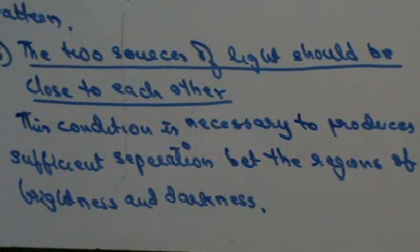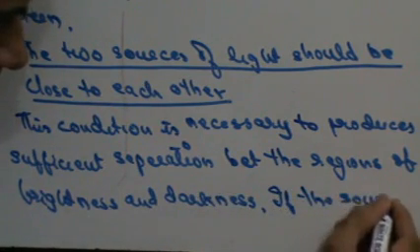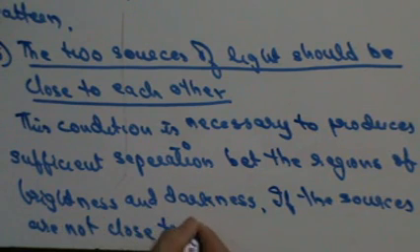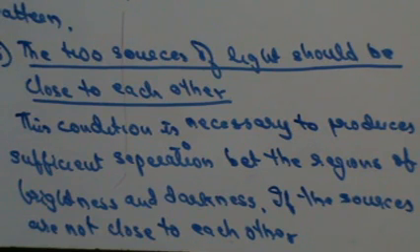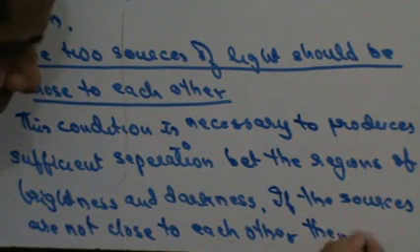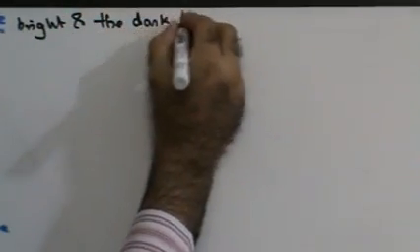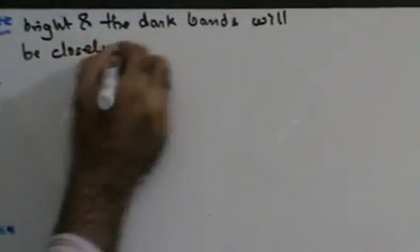If the sources are not close to each other, then the bright and the dark bands will be closely spaced.